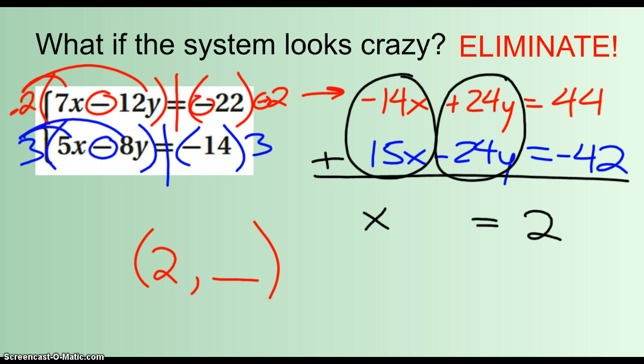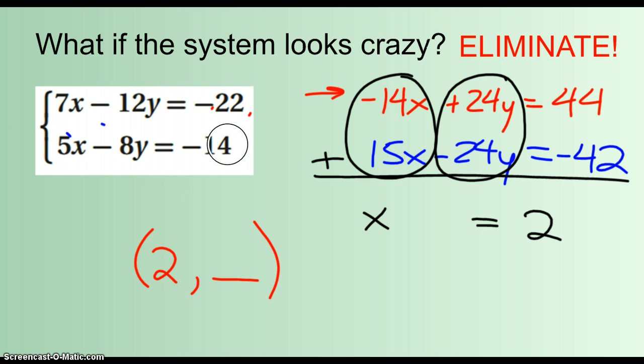Now we can plug the 2 back in just like we have been doing, but I would go back to one of your original equations, because you're going to be dealing with smaller numbers that way. It's up to you which one you'd rather use. I'm going to use the bottom one. So I'm going to plug x equals 2 in for x, and I get 10 minus 8y equals -14, and then we just solve.